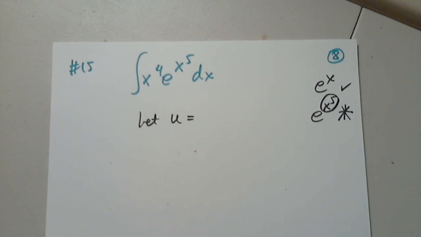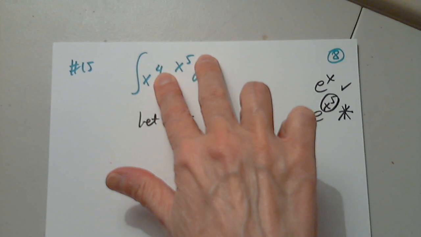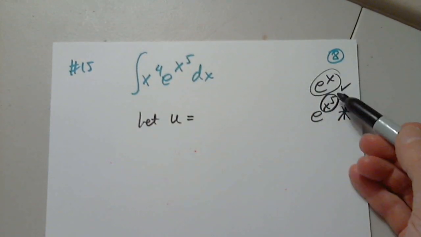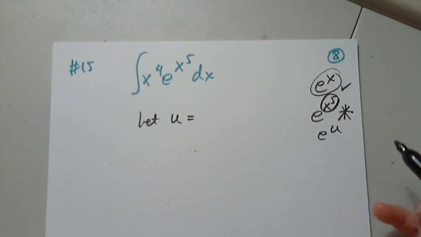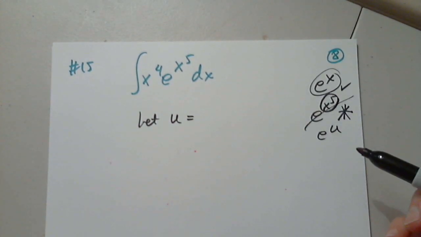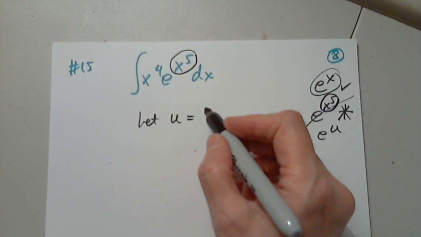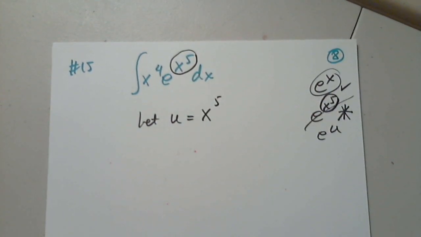E to the x to the 5th. Just the x to the 5th. Okay. Because that's what bothers me. I like e to the u, but I don't like e to blah, blah, blah. So we will denote this by u.